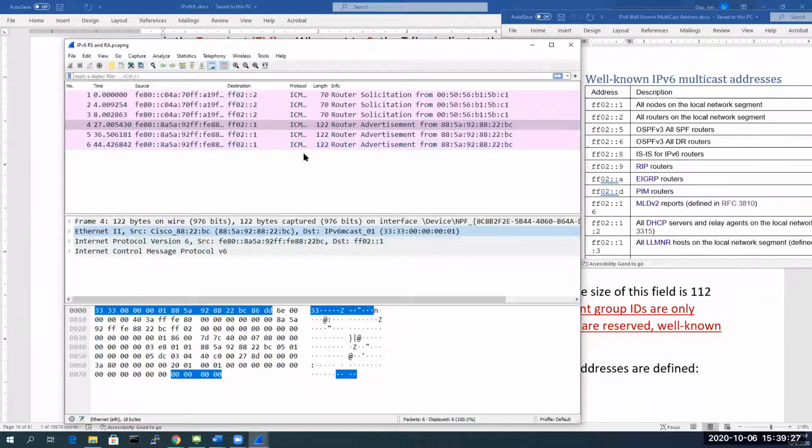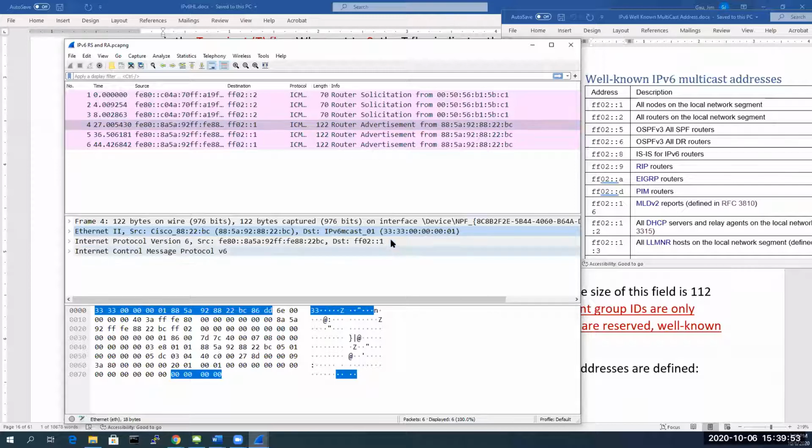After that, they will have the MAC address of the default gateway, and they can send the packet to the default gateway and go out to the internet. So that's the communication. It's very similar to the ARP request and response, but it's now using multicast with the router solicitation and router advertisement.